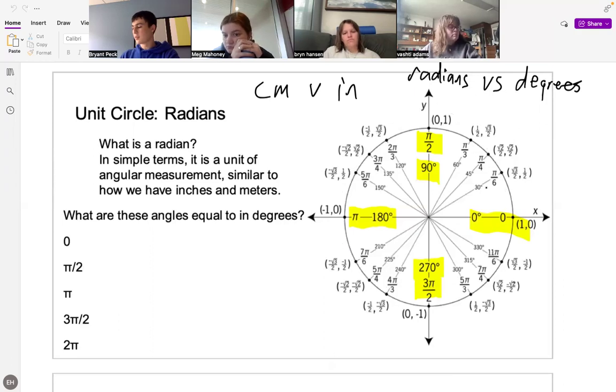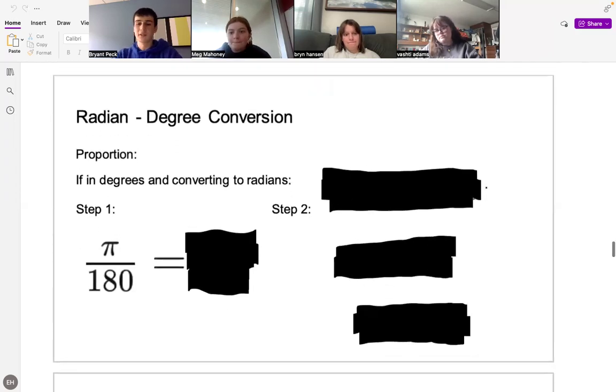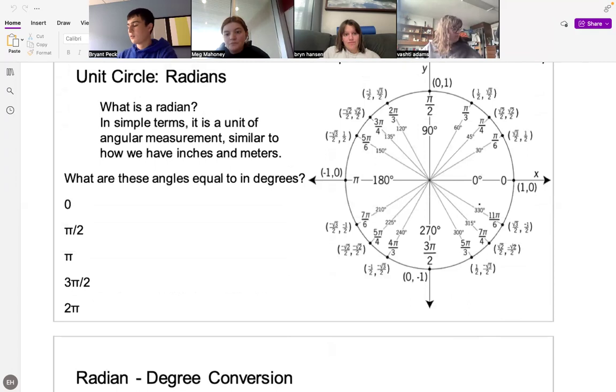So in order to prove this, I want to do an example of converting from radians to degrees. Like we said up here, pi and 180 are two equivalent things. So the best way to convert from radians to degrees or degrees to radians is to set up a simple proportion.